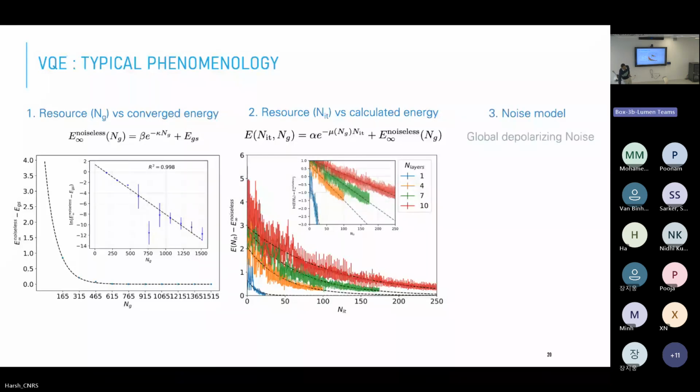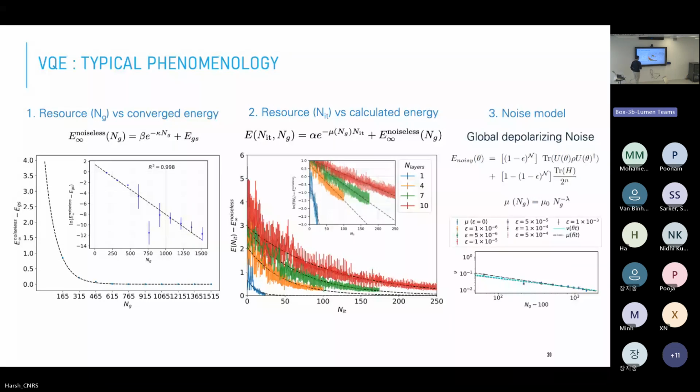The third is, of course, the noise model, which I did not introduce before. We assume a global depolarizing noise model in the circuit, which is a commonly used noise model to study noise. What it means is, for a given noise, say epsilon, I would solve the problem accurately with a probability of (1 - epsilon)^N, where N is calligraphic n, and I could also fail with a probability of 1 - (1 - epsilon)^N.